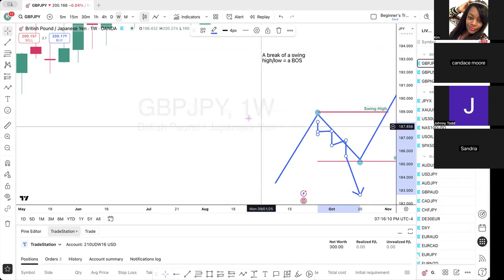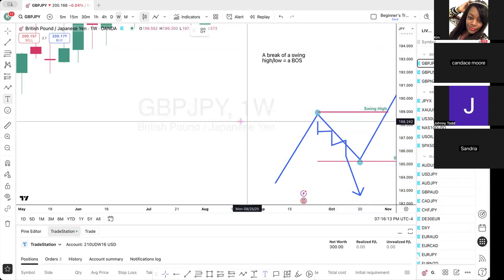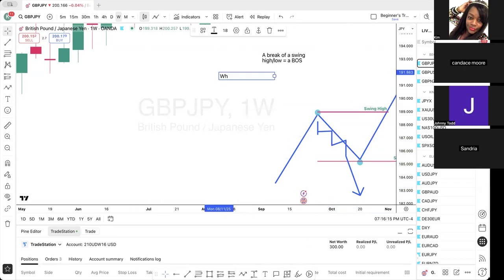When price is going bullish, expect a break of a swing high.